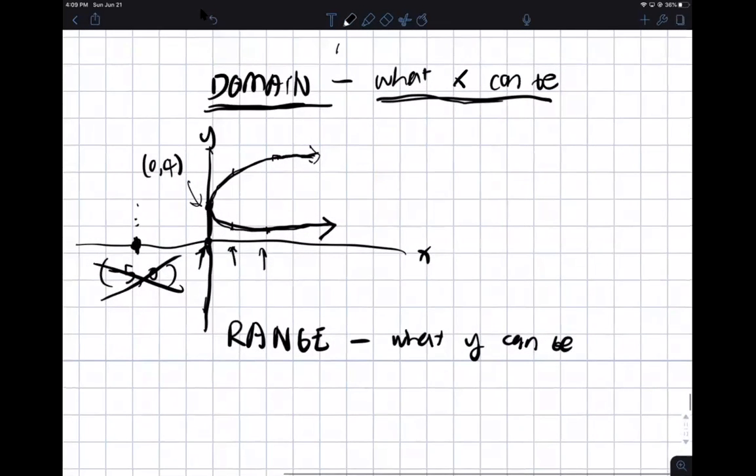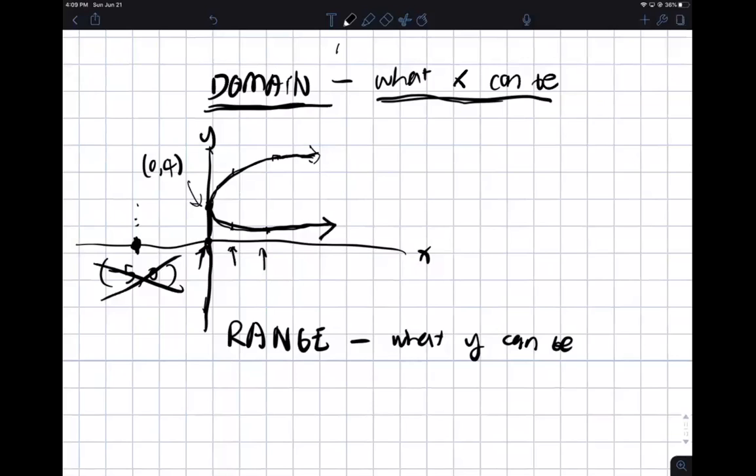And then for the range, what do you think the range would be? The range would be 0 to infinity, right? Well, it wouldn't be, wait, hold on.